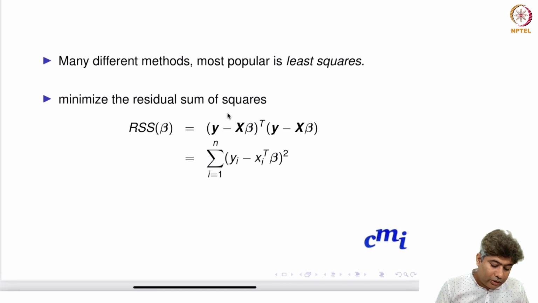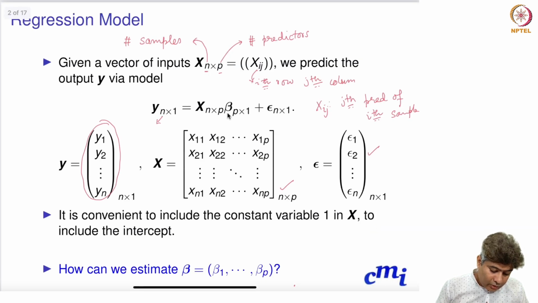Many different models you can fit, but before that, it is convenient to include a constant variable in X. Suppose you have these predictors, then you can make the first predictor all ones.